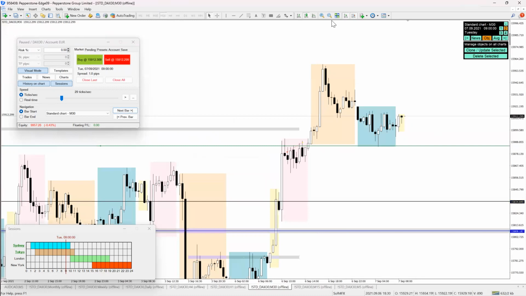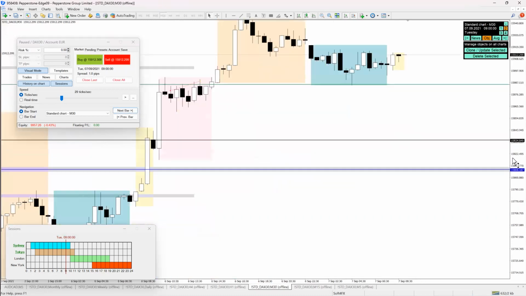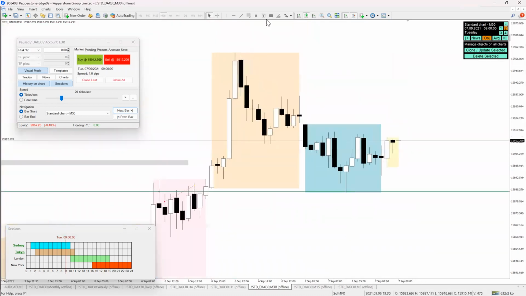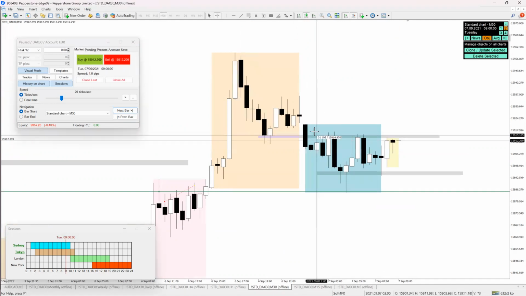Let's consolidate 30 minute. Got the support here, and we've got a resistance across here. Now, can we get something to close above this resistance and continue that trend up to fill this whole area?